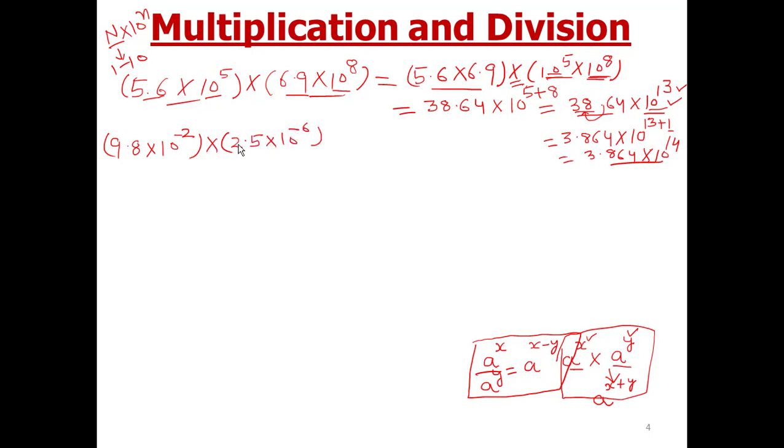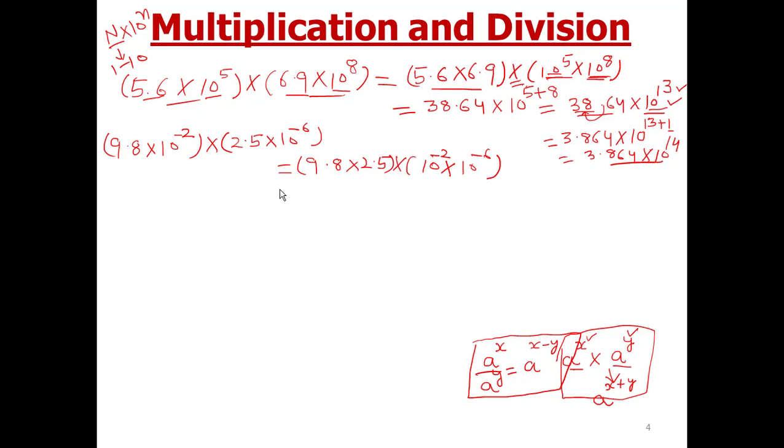Now we will again make groups, so it can be written as 9.8 into 2.5, multiplied by 10 raised to the power minus 2 into 10 raised to the power minus 6.